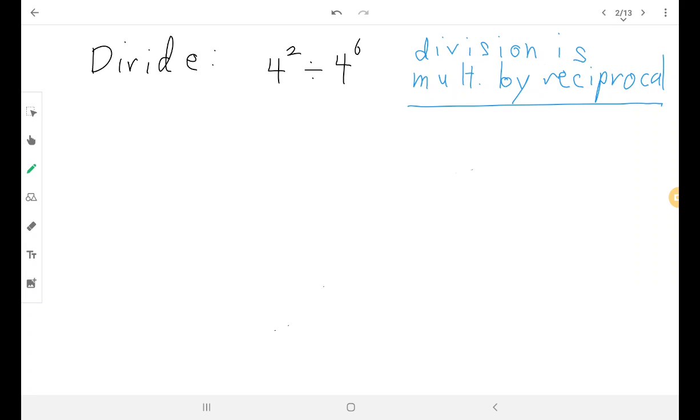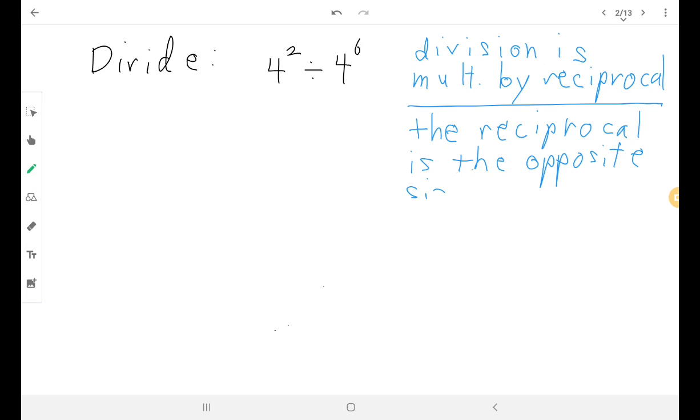The second thing is that the reciprocal of a number, the reciprocal is the opposite sign on the exponent.